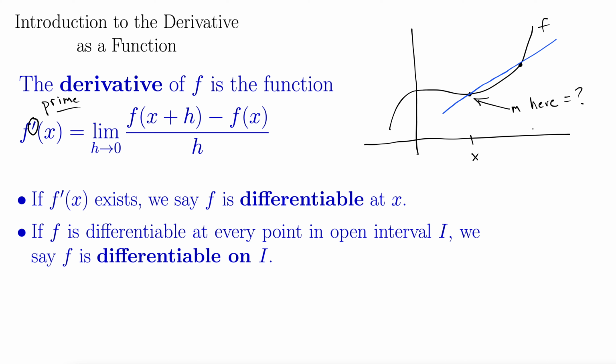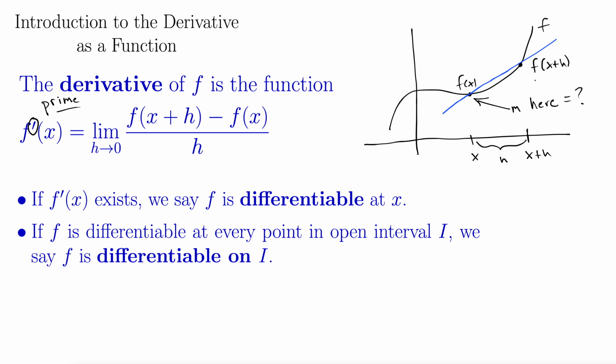How does it do it? Well, you take a second point, and let's call this distance here h. So this point up here must be x plus h. Then we just take the standard definition of slope of that blue line, that secant line. It's rise over run, so let's see what the y values are. Right here, the y value is f of x, and over here we're at f of x plus h.